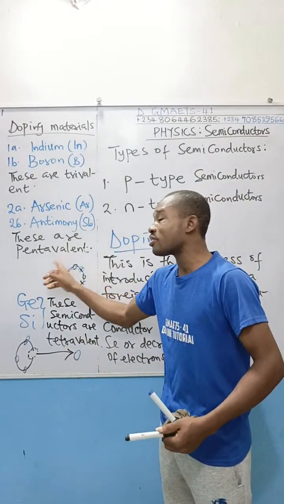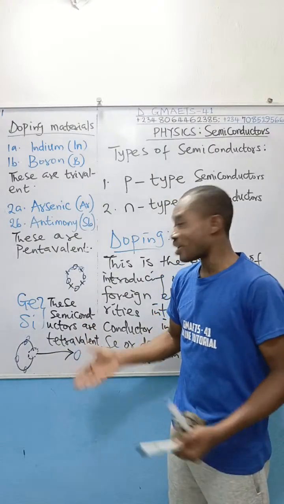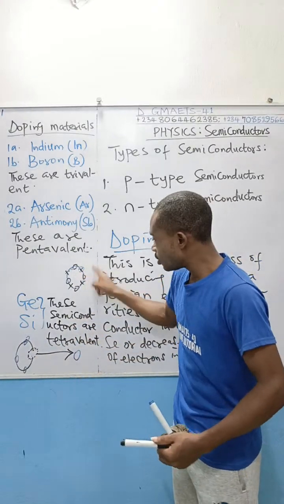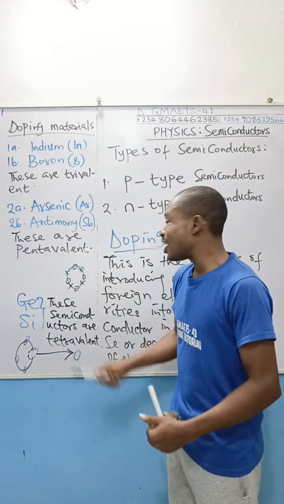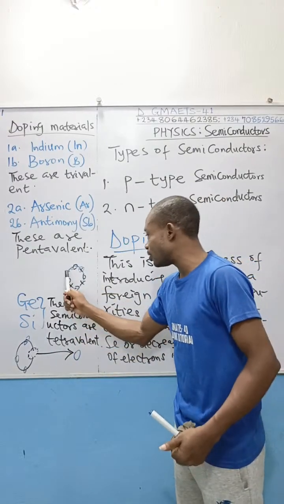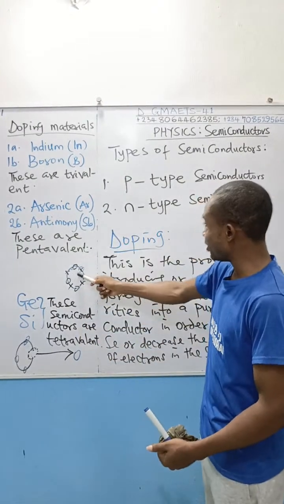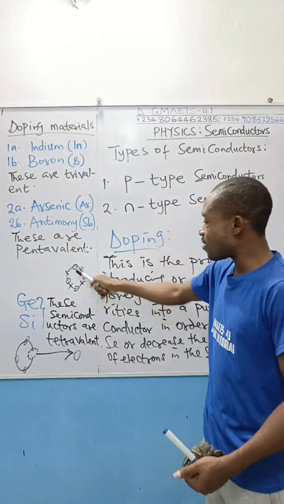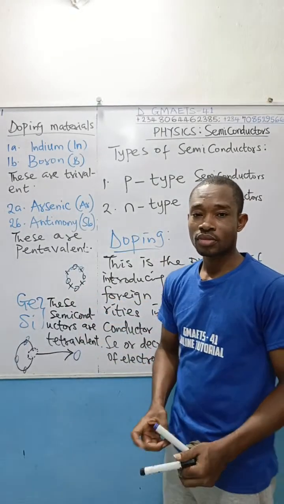That pentavalent material can only give it 1 electron. So that makes it possible that this atom has 5 electrons, and the number of holes, instead of being 4, has now reduced to how many? 3. And in this case, it's something like N-type, because you have more negative electrons and the holes have reduced.